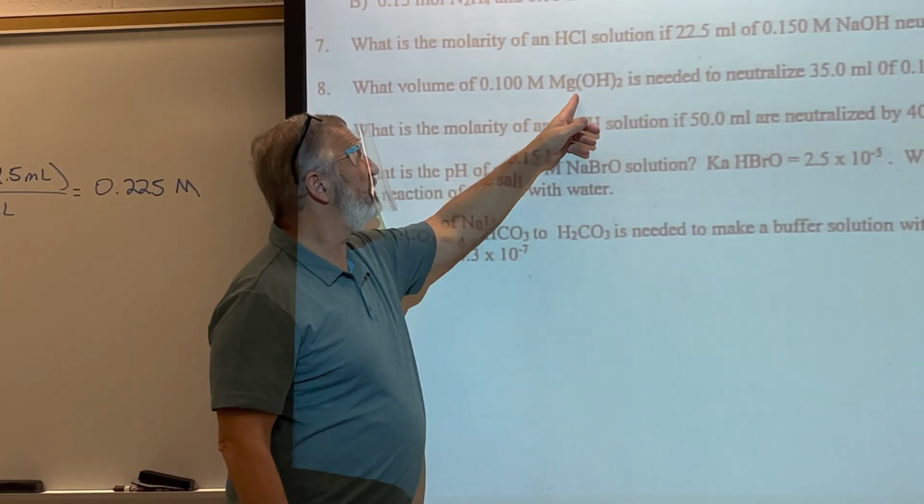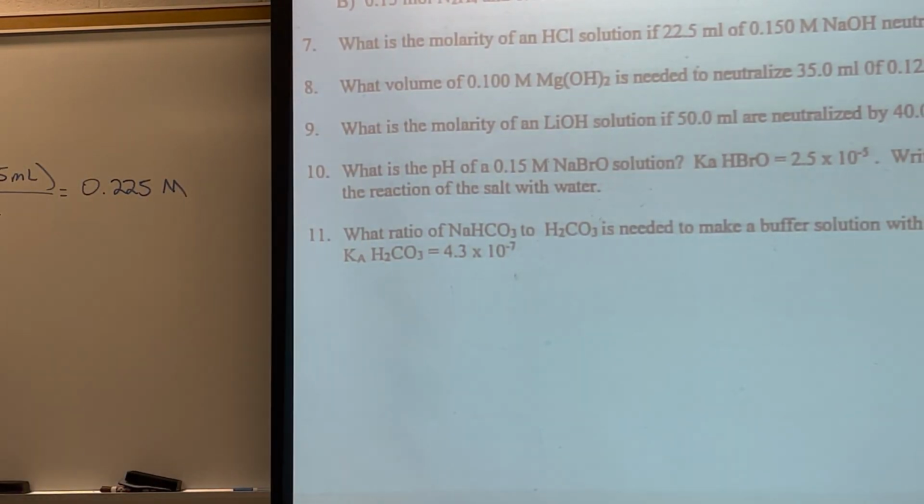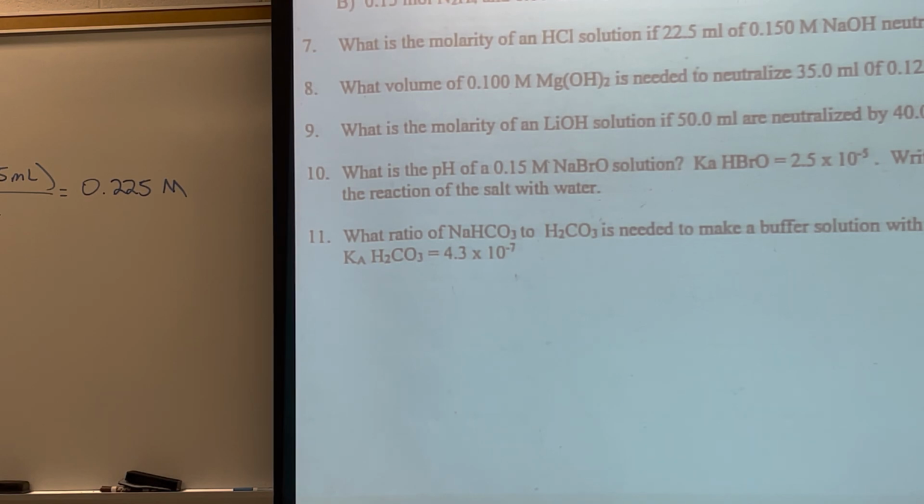Okay? So, when we do MAVA is equal to MBVB, this is really not just moles of acid, it needs to be moles of H plus equal moles of OH minus.